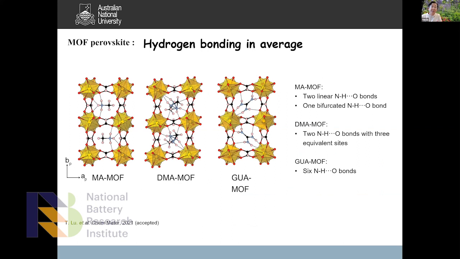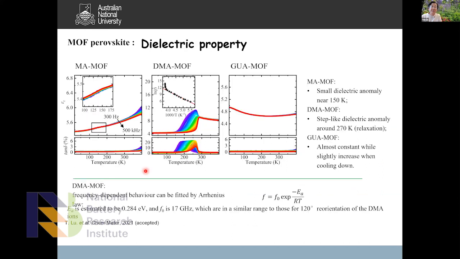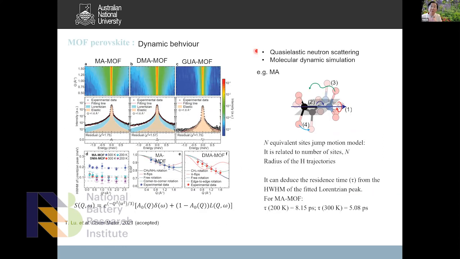So in order to understand what's going on with this property, you see this is a big relaxation in the dielectric property, and there is some relaxation, but you also see some that is not a linear increase. So this one doesn't change much. So we actually try using inelastic neutron and quasi-elastic neutron scattering.